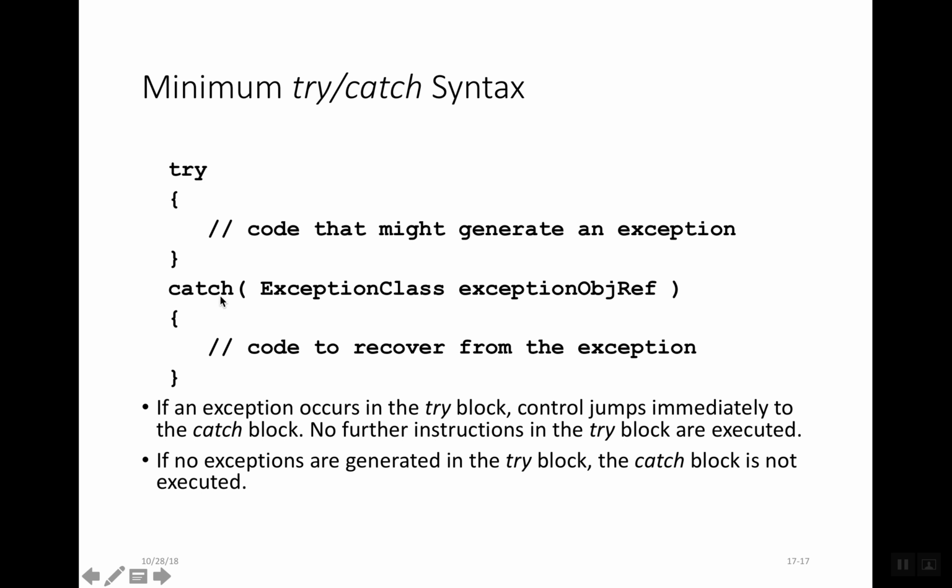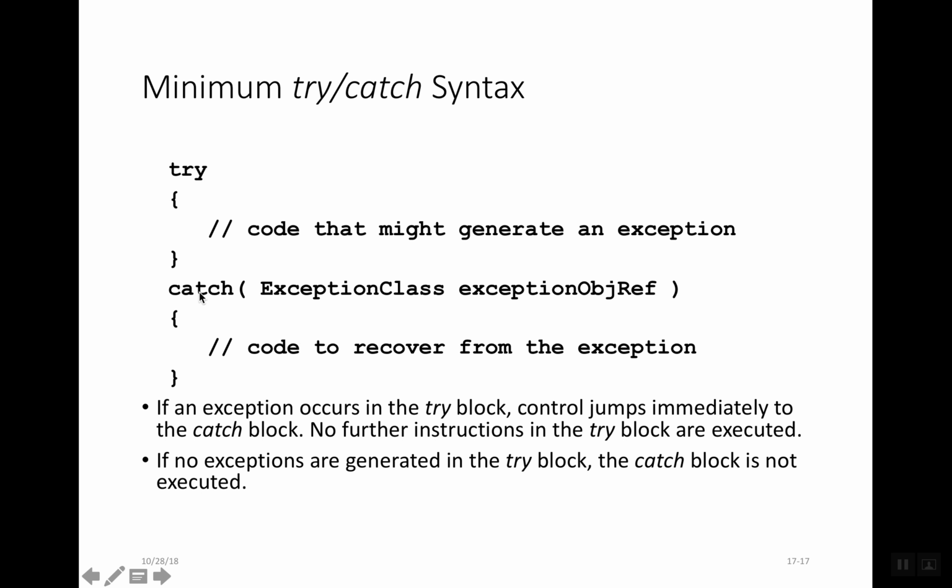The catch block catches an exception according to its exception type. Most of the time the catch statement will have an argument of an exception class type, and based on that exception type we will catch and handle the exception.